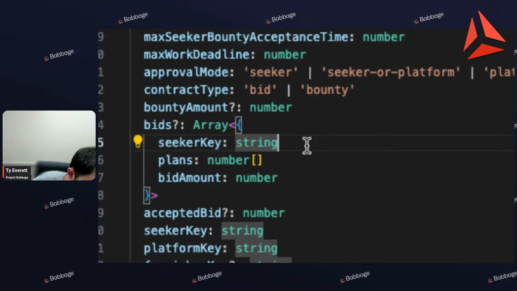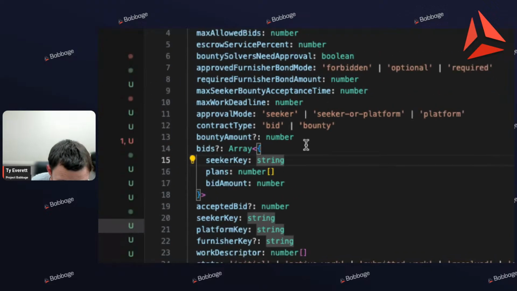So a person can never submit work without submitting their bond, which means eventually, or should they need a bond before they even start work? Yeah, they should. They should need a bond before they start work, which means there needs to be an accept.